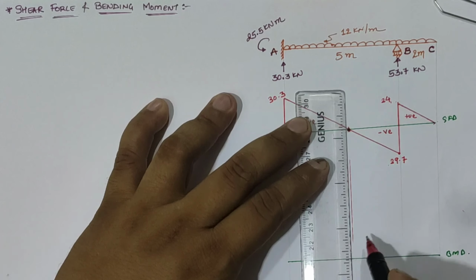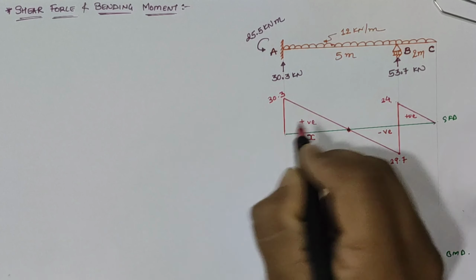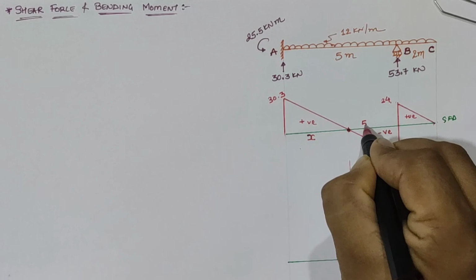So for calculation of maximum bending moment, let us assume the distance as x meter from support A, so the rest value is 5 minus x.